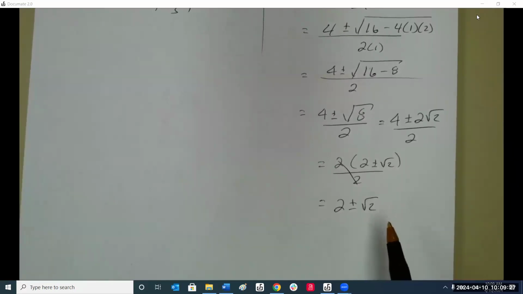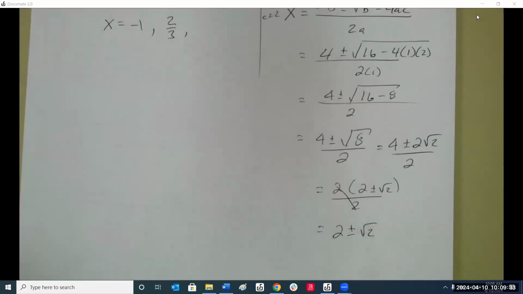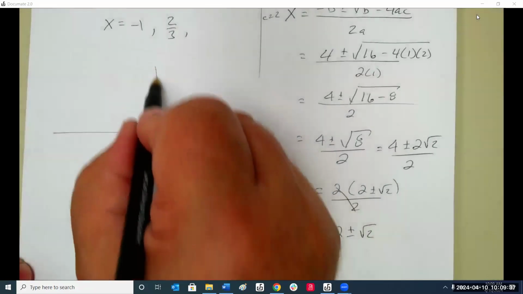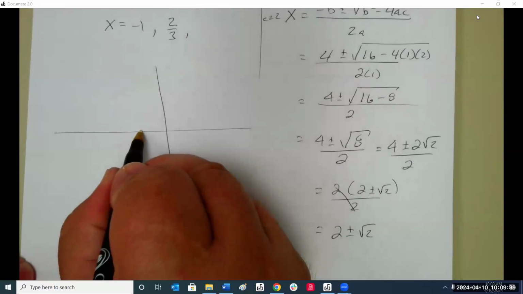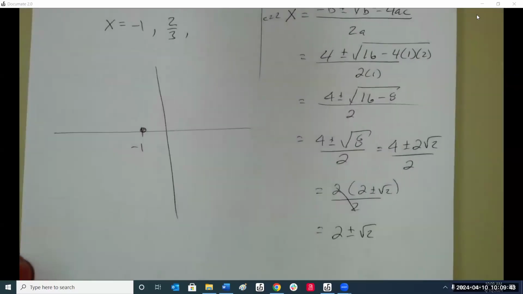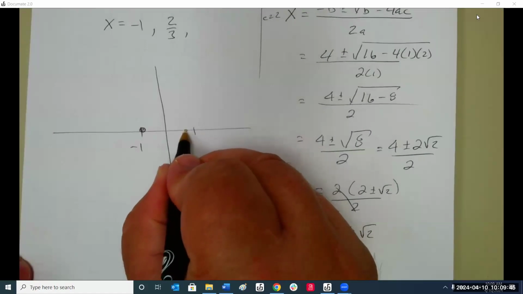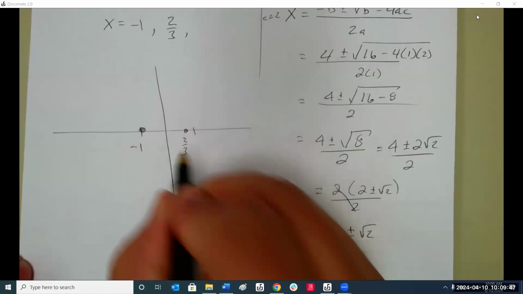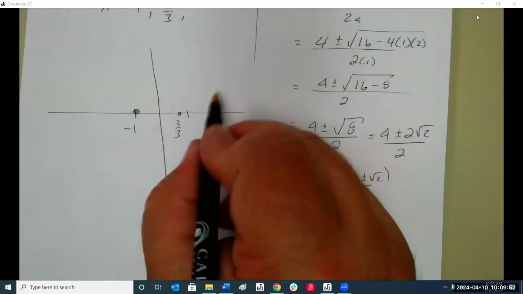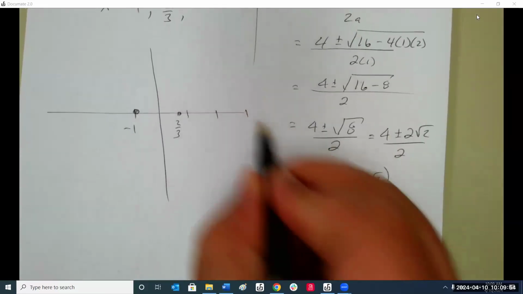You notice we said we're going to have 3 positive solutions. There we have it. These are all positive, and 2/3 is positive. So we have an x-intercept at -1, 2/3, 2 plus radical 2.